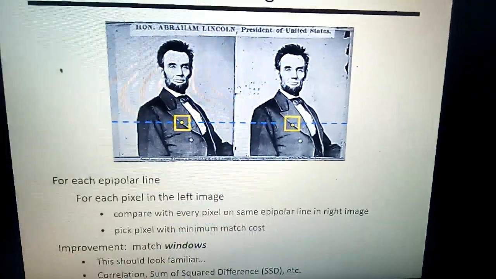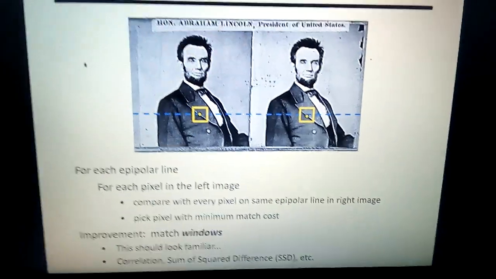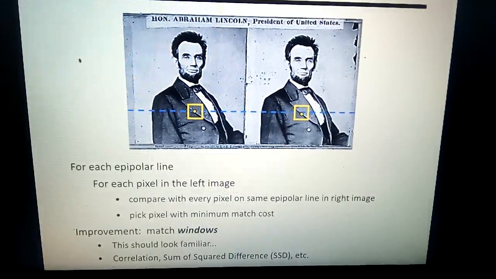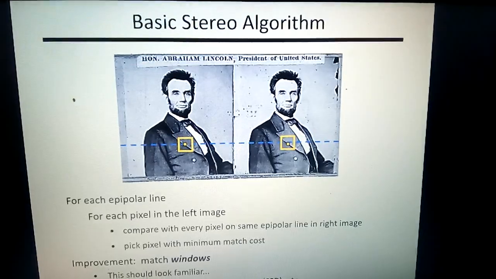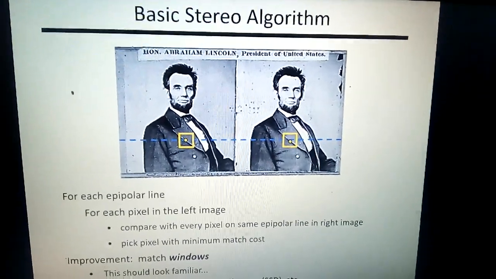So we have found that. To make an improvement on this, we can match windows. We can use correlation or the sum of squared distances to improve this basic stereo algorithm.